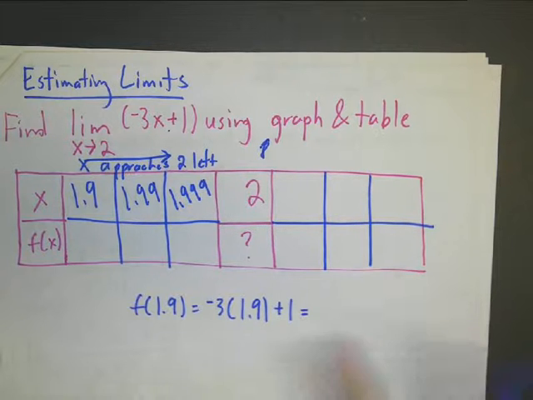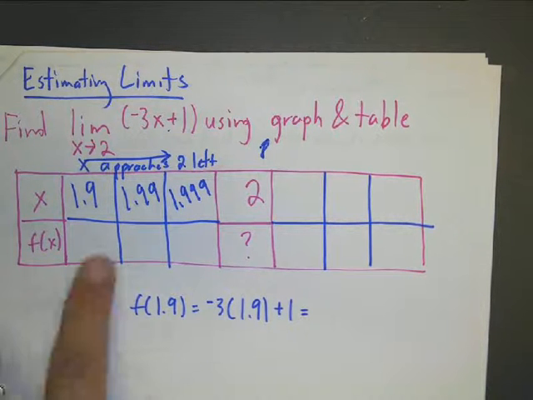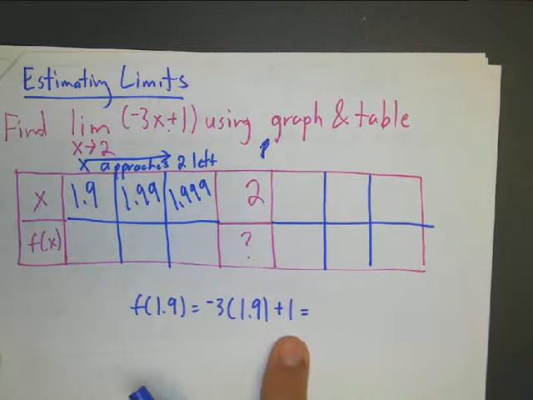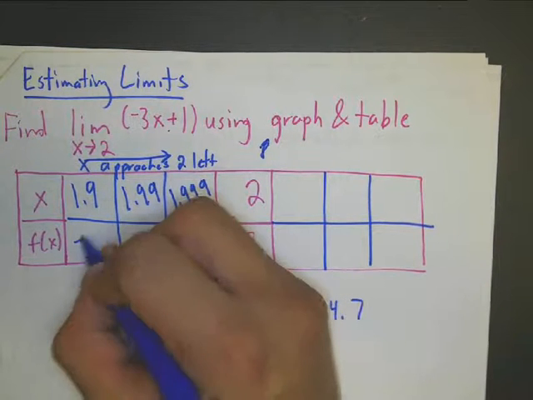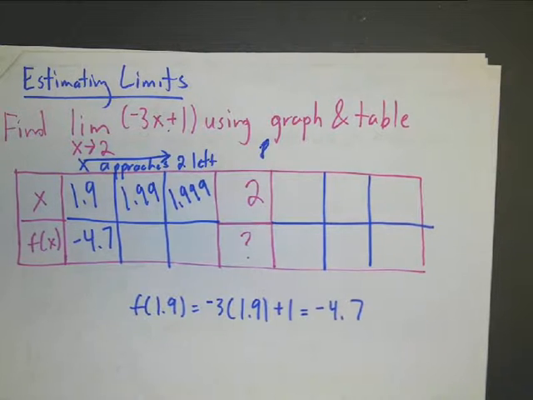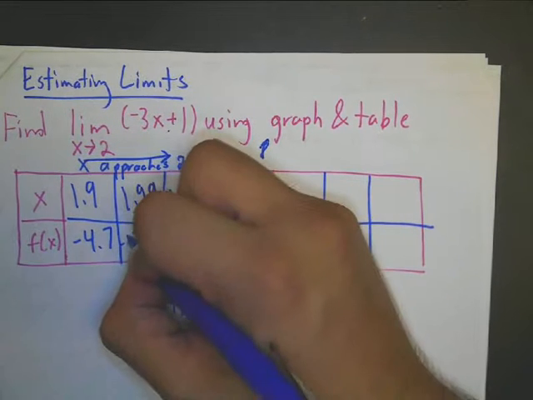And that's going to come out to be negative 4.7. So the function at that point will be negative 4.7. Anyway, I plug these x values into this function. So this is going to be negative 4.97. This will be negative 4.997.